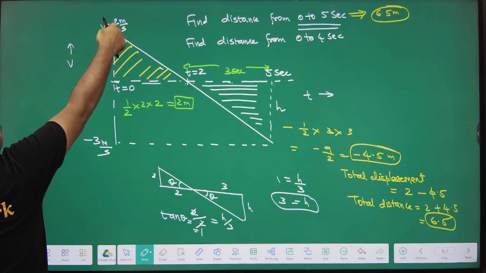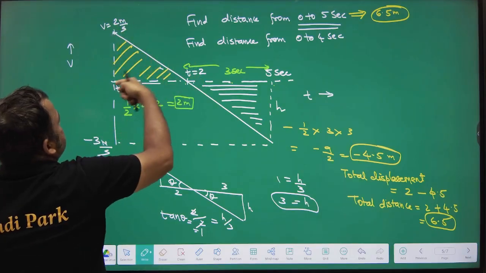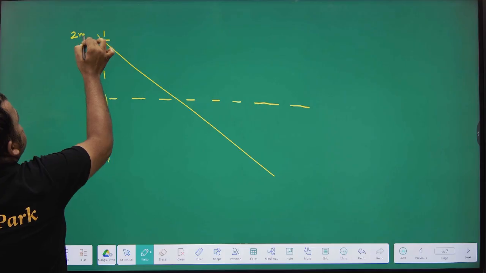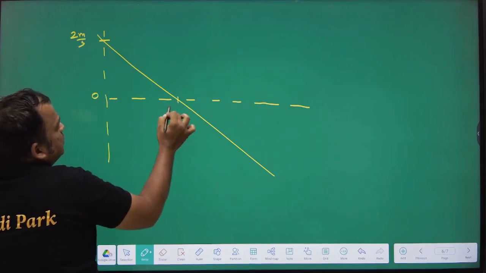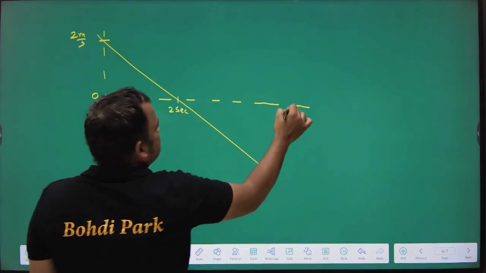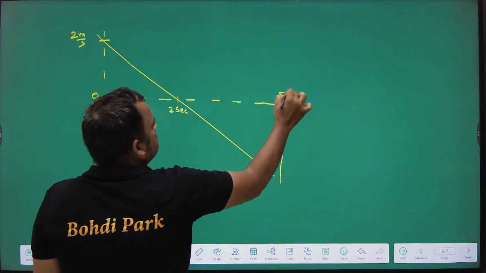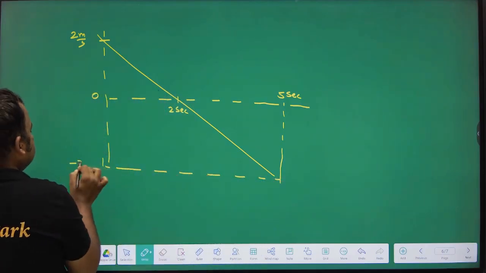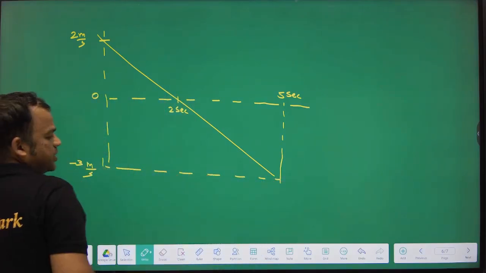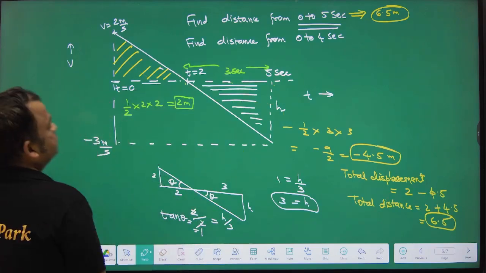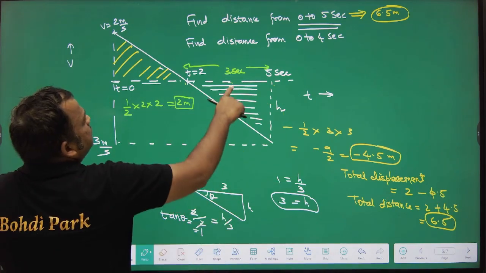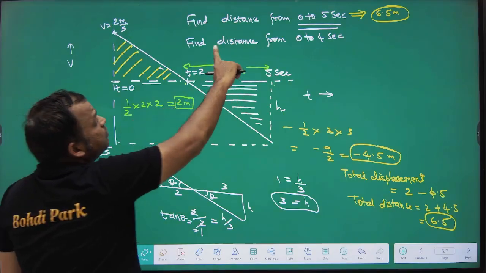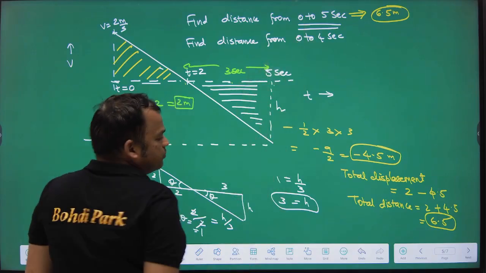Now initial velocity is 2 and final velocity is 0 at 2 seconds. This is 2 meter per second, this is 0, this is 2 second. Now we have here 5 second and here velocity is minus 3 meter per second. Now we will consider the time instant here, because the question is asking what is the distance from 0 to 4 second.